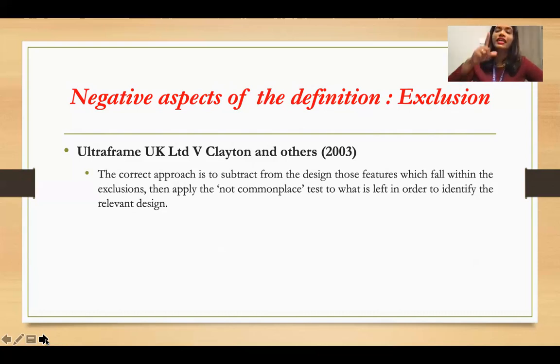If the design that you are trying to protect falls within the exclusion, most likely you cannot rely on unregistered design rights. And when we look at exclusion, we are going to see 4 things: method of construction, surface decoration, must fit, and must match.